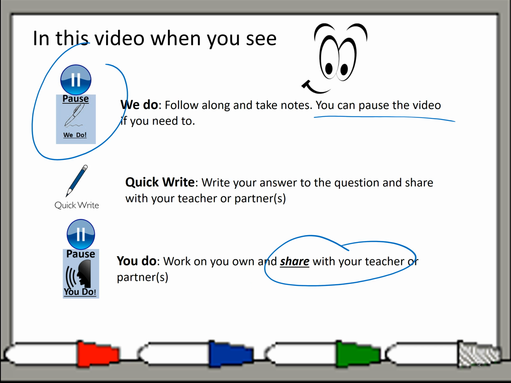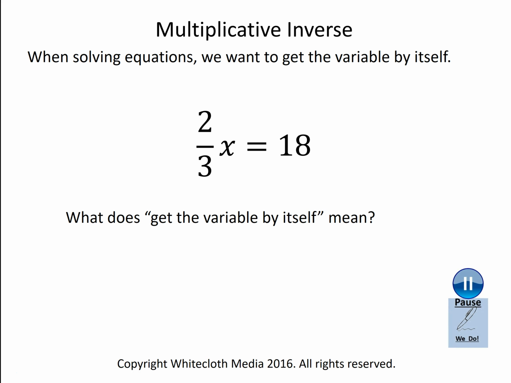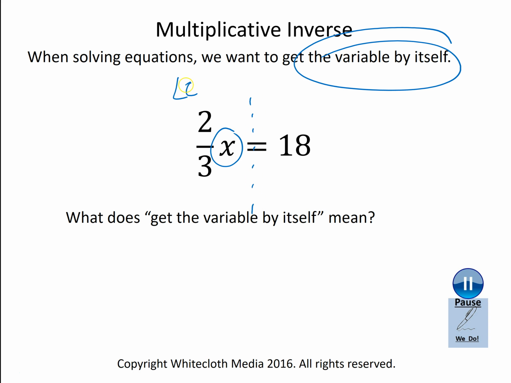So when we want to solve equations, we want to get the variable by itself. Here our variable is x. As we said before, get it by itself means I have a left side and a right side, and I want to get the variable by itself.